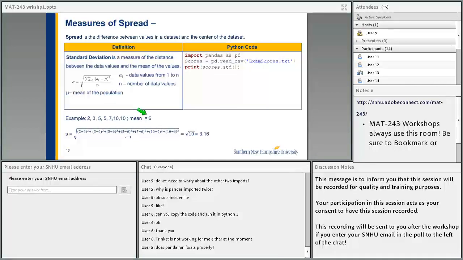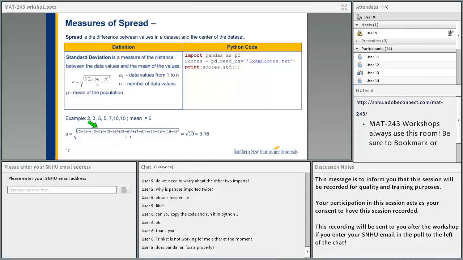So what I want to do is pick one value at a time from my data set, subtract the mean, which is 6, and square it. So my first value was 2, I subtracted 6 and I squared it. That's the first term that I get in the numerator. Second value is 3, subtract the mean and square that.